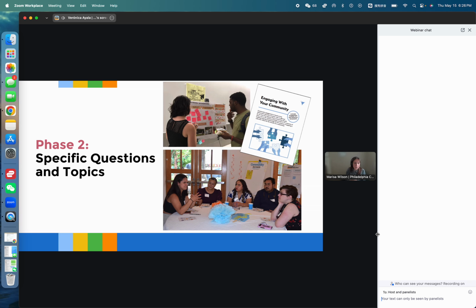Community partners will share back what they're learning with planning staff in a report after these engagement phases. They'll also host staff on a walking tour of important places in the community so that they can better help staff understand life in the community and the community's vision for the future.